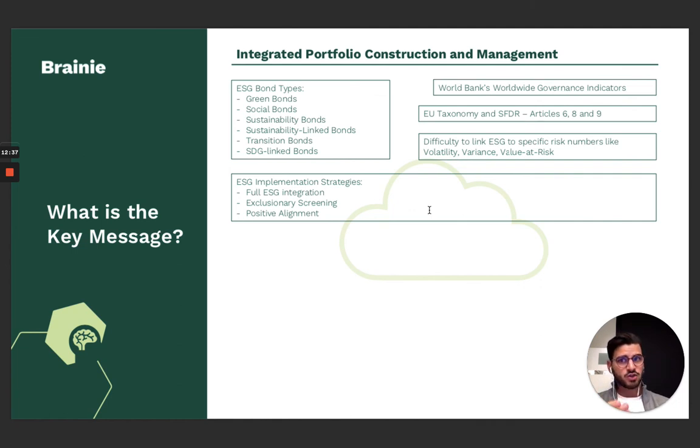We already touched on these topics in Chapter 2, and in Chapter 8, they are described in greater detail. You will also be introduced to the UN Sustainable Development Goals, as we already touched on earlier. And then lastly, the chapter will also describe how to integrate ESG in passive portfolios.